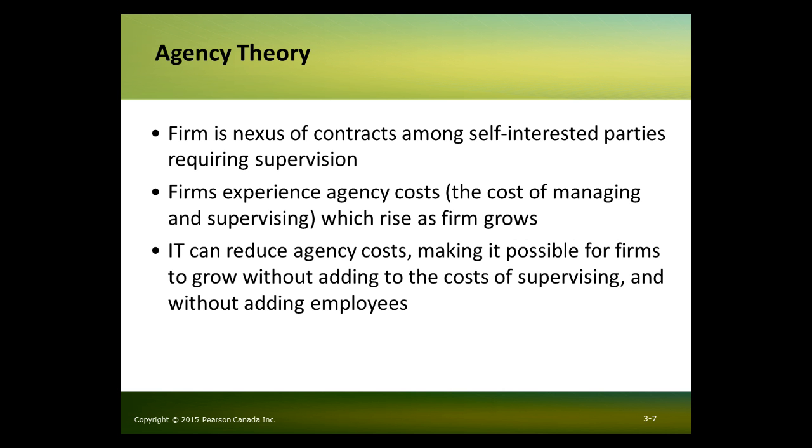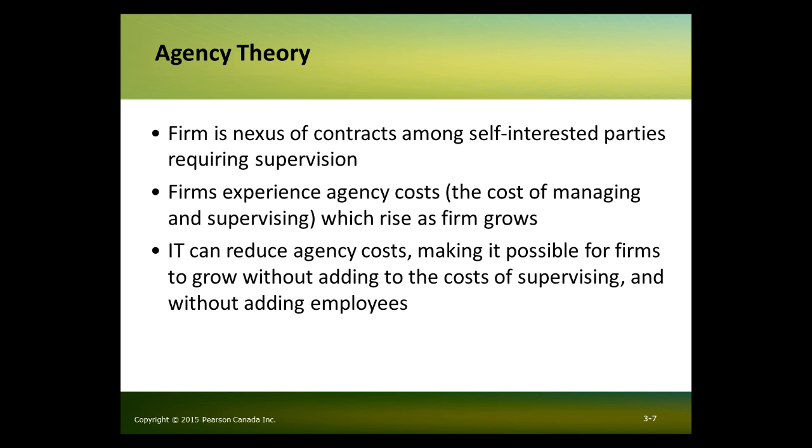The next theory is agency theory, where firms experience agency costs, the cost of managing and supervising. Because employees can be thought of as a nexus, or a collection. That's what the word nexus is, a collection of self-interested parties.